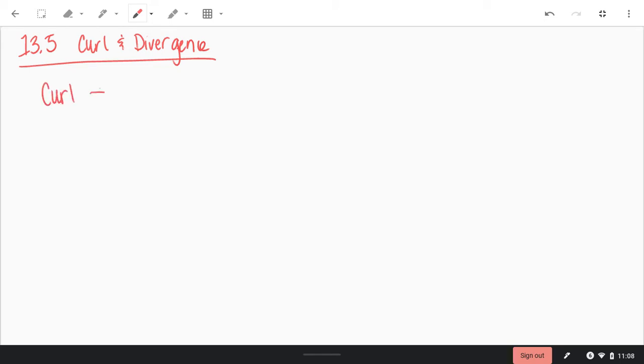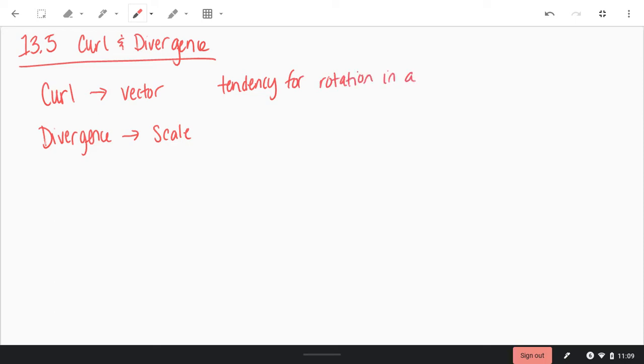Curl is actually going to be a vector. Divergence is a scalar. Okay, and curl will give us the tendency for rotation in the vector field. I'm actually going to share with you some vector fields to look at here.